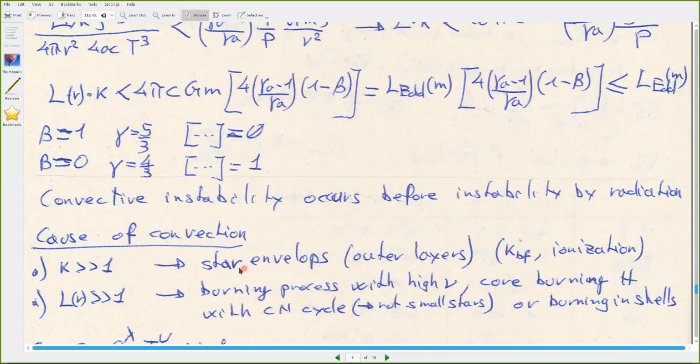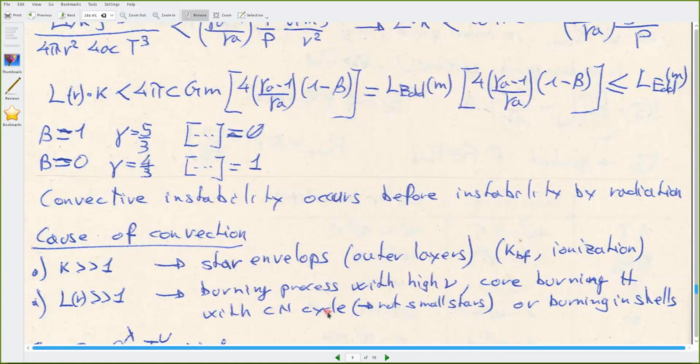Typical star envelope, the outer layer, due to the ionization or opacity of bound-free, or to have a really high luminosity. When they are really high, we have the burning process with a high nu, that is the exponent for the temperature. Typical in the core where we are burning the hydrogen with the CN cycle.